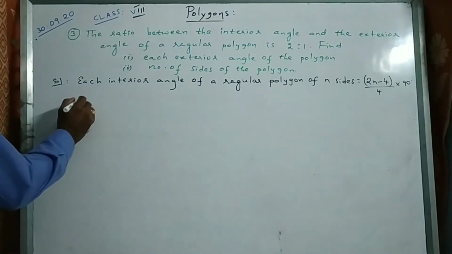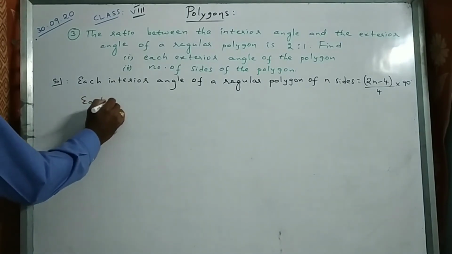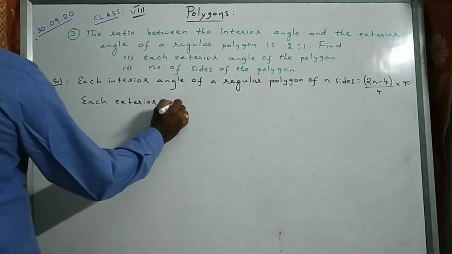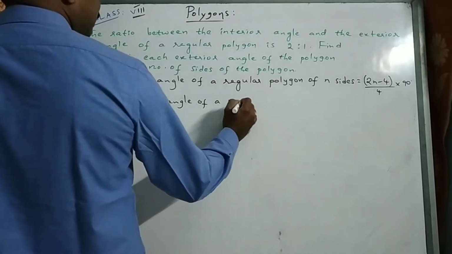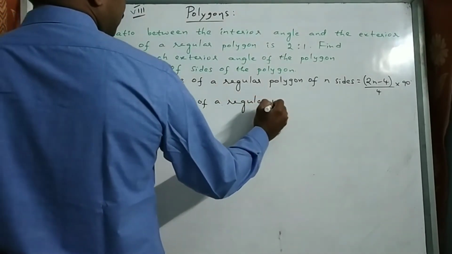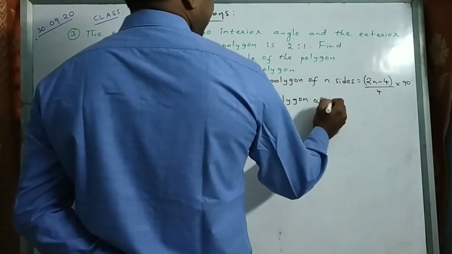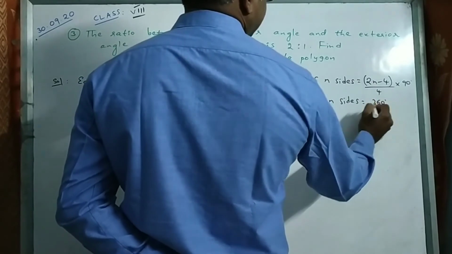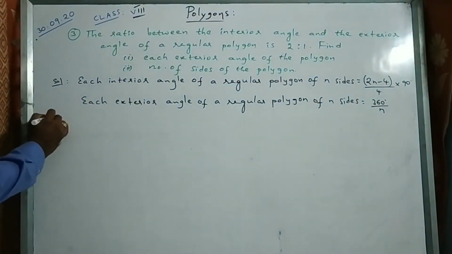Similarly, each exterior angle of a regular polygon of n sides equal to 360 degrees by n.